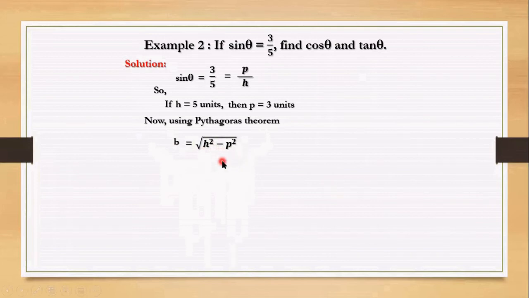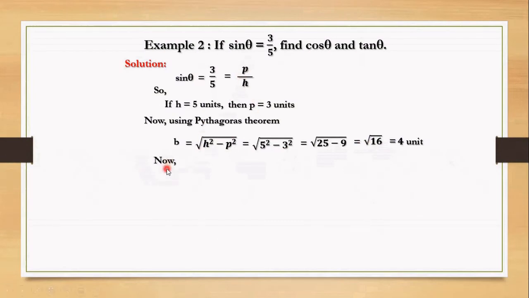Let's substitute their values. H is 5, so h square is 5 square. Hence we have root under 5 square. Similarly, substituting p as 3, we have 3 square. Now 5 square is 25 and 3 square is 9. On calculating, we have root under 16, which equals 4 units.